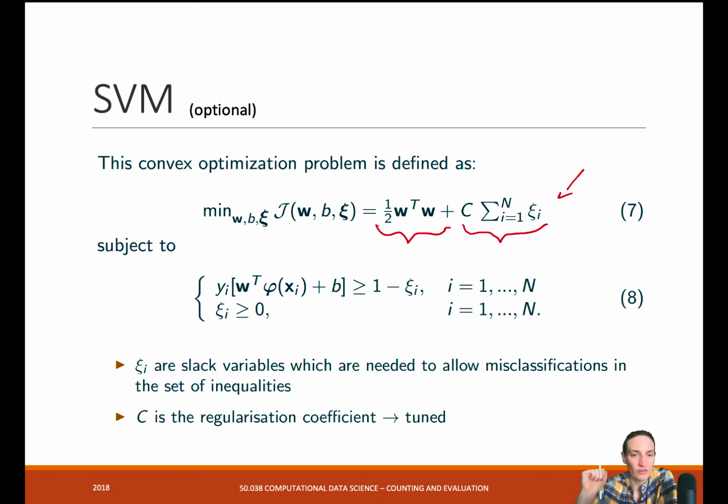This prevents overfitting, for instance. Now this cost factor C, or the regularization coefficient, often people refer to it as a cost factor, is actually set by you. You choose this value, so you need to tune it because the performance of the SVM is highly dependent on C.